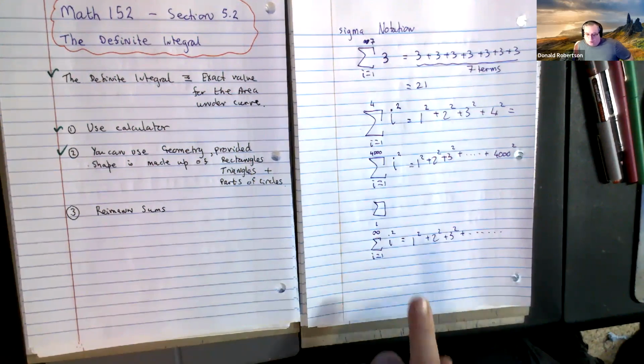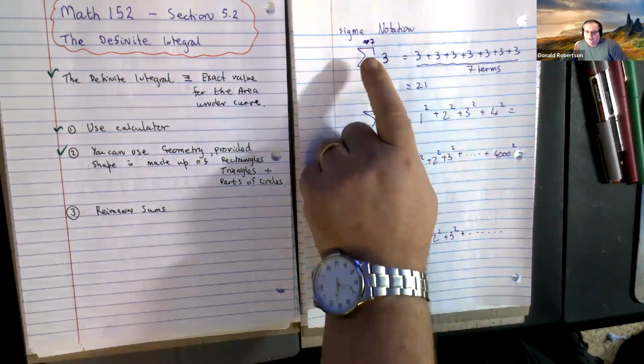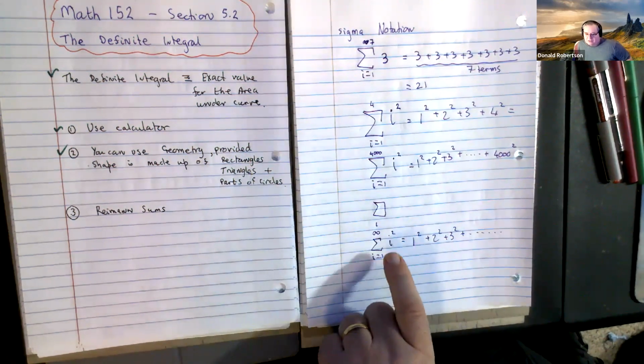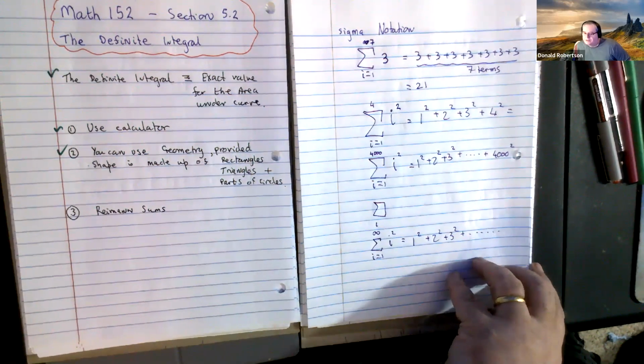Hey, I have just in one small piece of notation described and written down a way of adding up an infinite number of things. That's a pretty versatile piece of notation, isn't it? That allows us to represent small things being added, lots of things being added, or an infinite number of things being added.